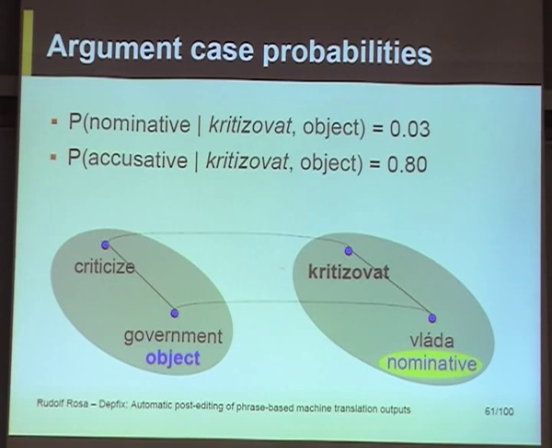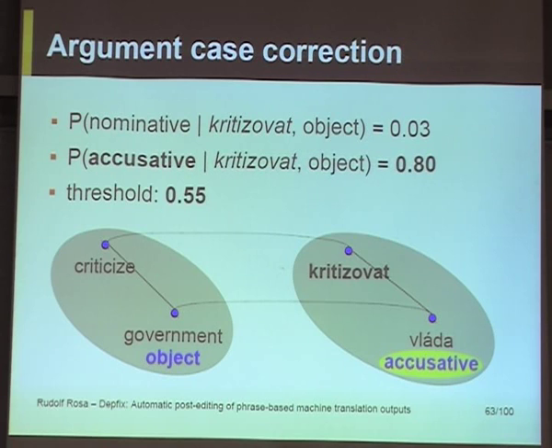So this is exactly the information that we want. And we use some thresholds: if we find an argument with a probability of at least 0.55, which was just somehow estimated, we change the case to the most probable one.